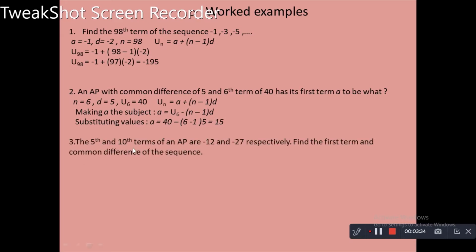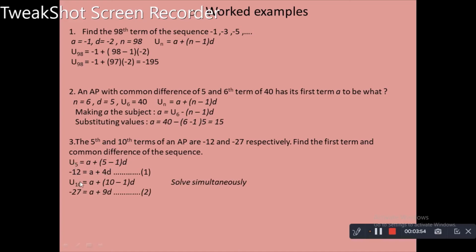The fifth and 10th terms of an AP are minus 12 and minus 27 respectively. Now we have to find the first term and common difference of the sequence. What do we do? Now we know that from the general form we can substitute values in.